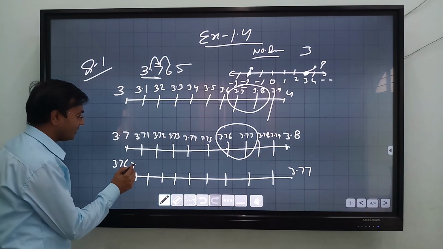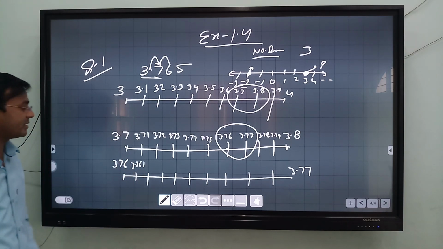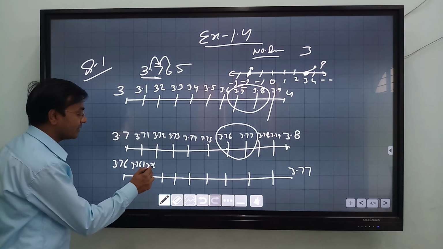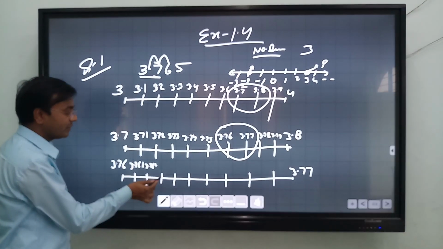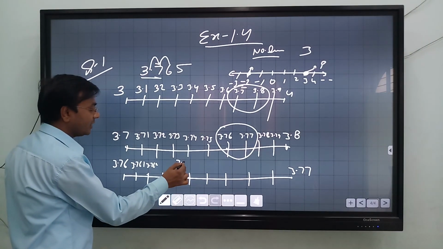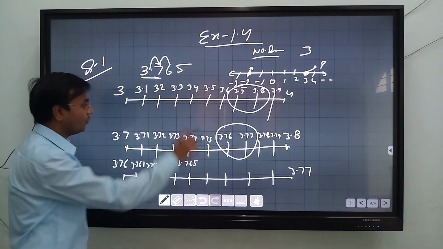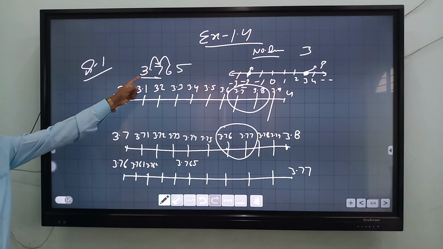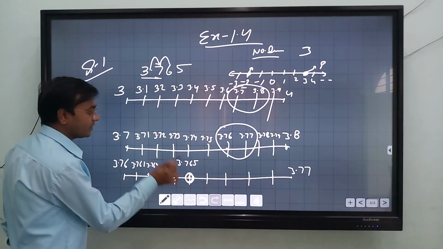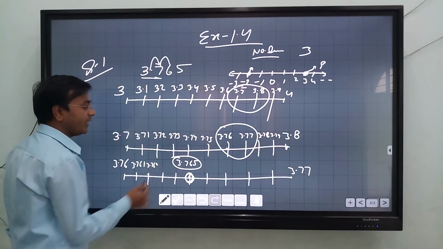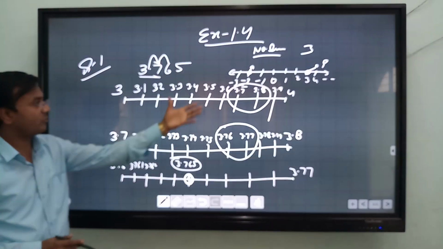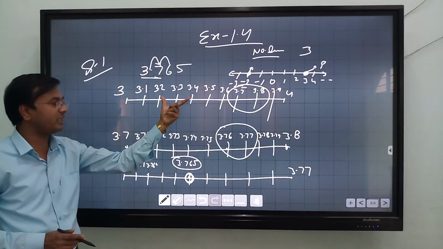So this decimal indicates actually 3.761, next division 3.762, next 3, next 4, and this one is 3.765. Now see the result: 3.765. So this point is representing 3.765, right? So this is how we can show or visualize this number on the number line.